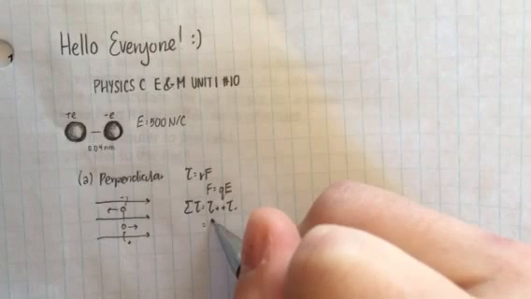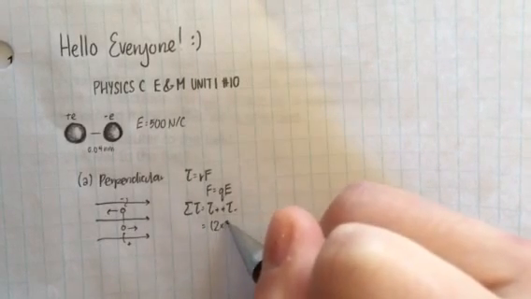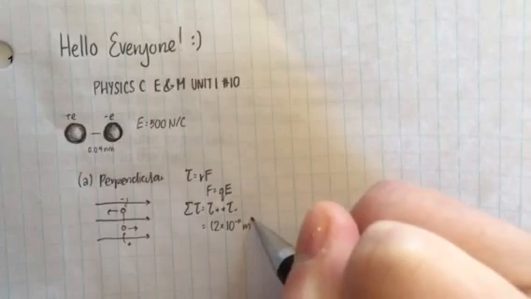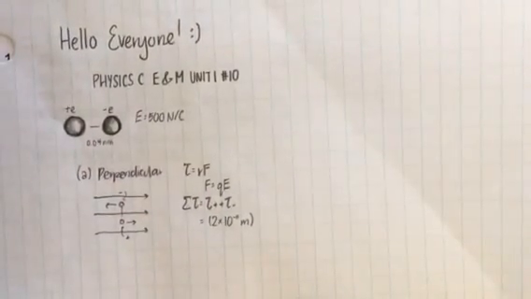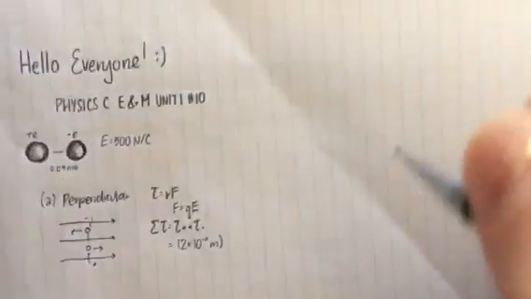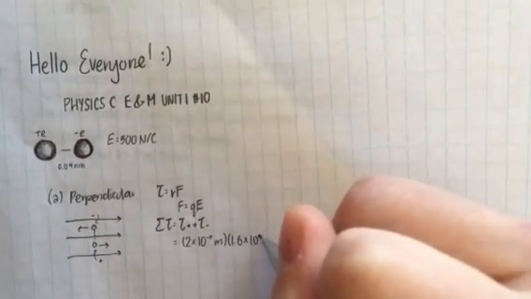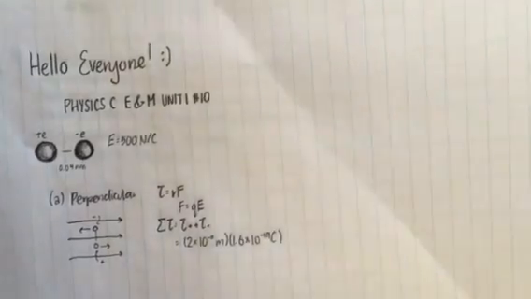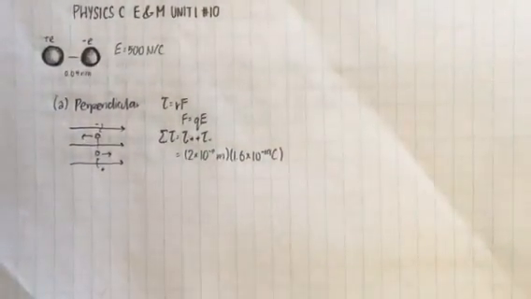So r we know is 2 times 10 to the negative 11 meters. This is the radius. And then we know the charge is 1.6 times 10 to the negative 19 coulombs. This is the charge of a positive electron, so a proton.